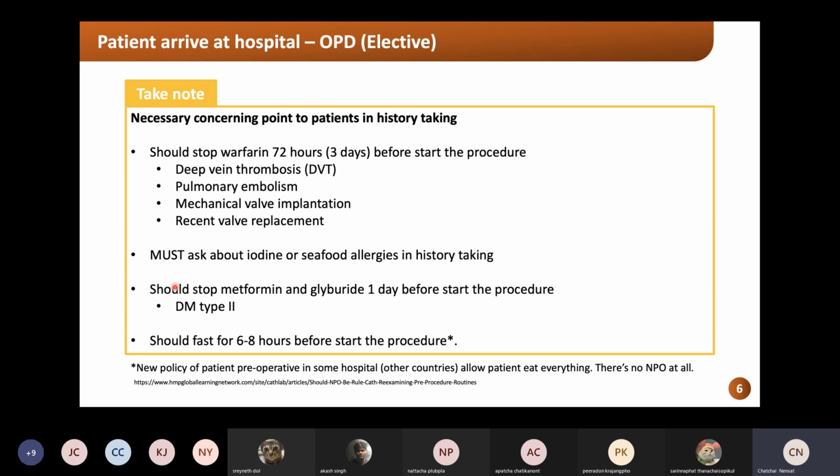And you have to tell the patient to stop taking metformin or glyburide as well for 1 day before starting the procedure. This drug is generally used in DM patients with uncontrolled blood sugar, something like that.